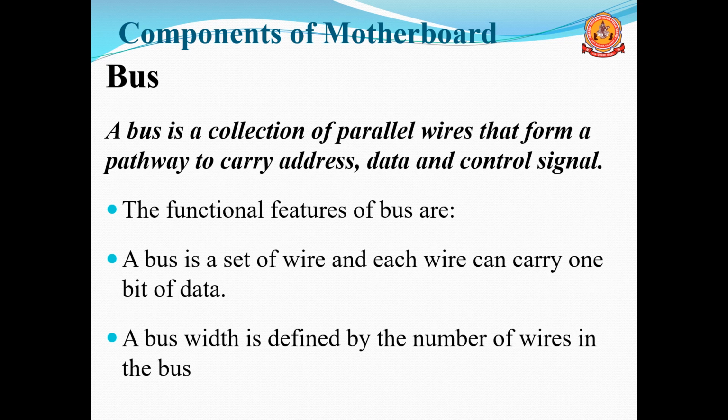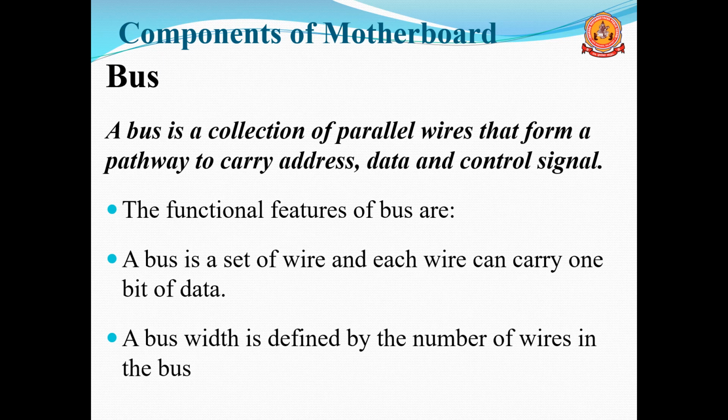The next main topic here is bus. What does bus mean? A bus is a collection of parallel wires that form a pathway to carry address, data and also control signals.